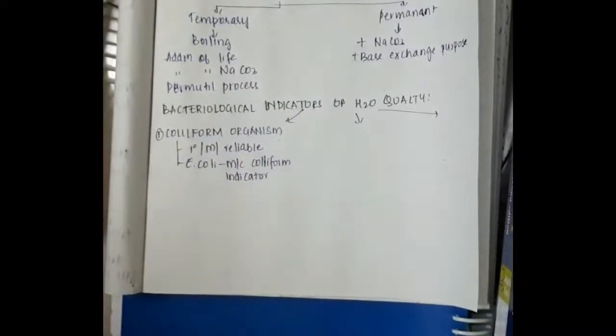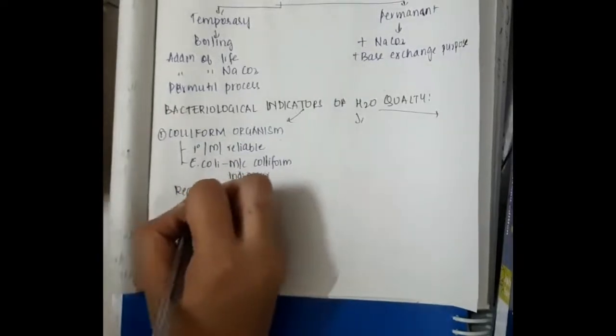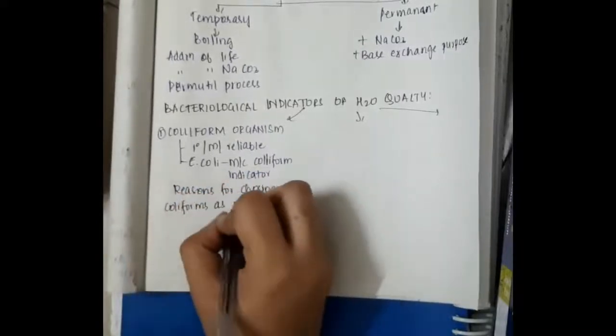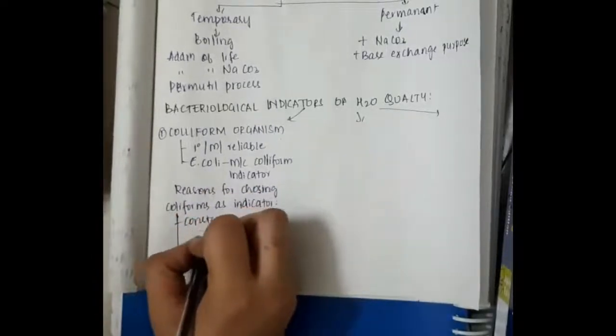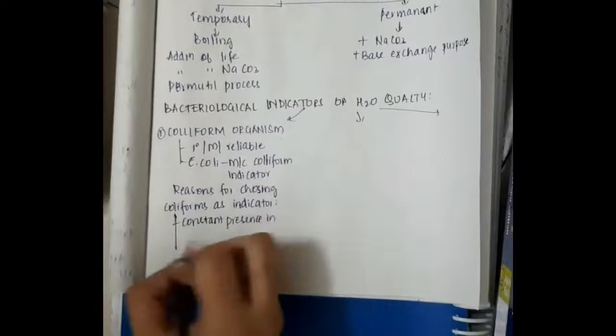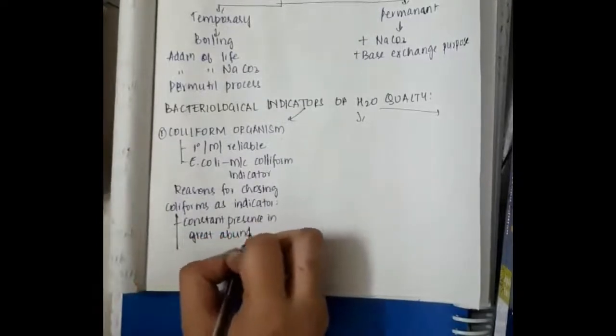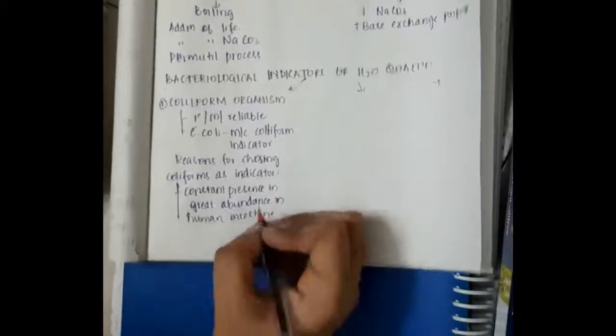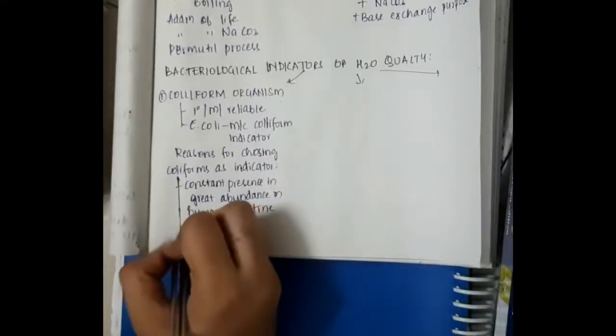Why do you take coliforms as the indicator among all the organisms? The reasons for choosing coliform as an indicator: first, their constant presence in abundance in the human intestine. So by ruling out coliforms, we can make sure that the water is not contaminated with human stools.